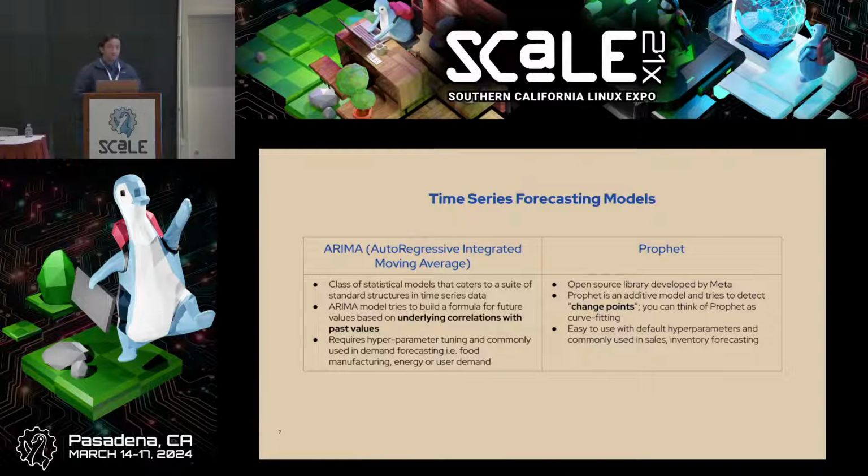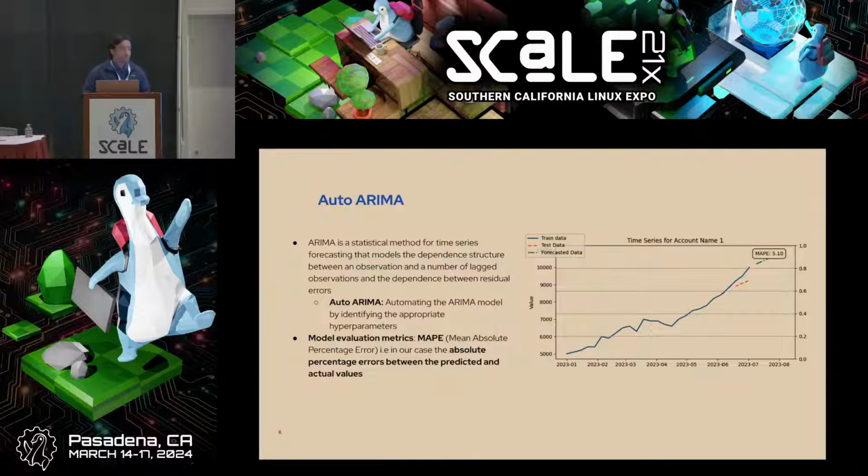But for ARIMA, the catch is how to define hyperparameters for each one of them. That is resolved easily using the auto ARIMA package, which helps you determine the hyperparameters automatically based on the individual time series data.